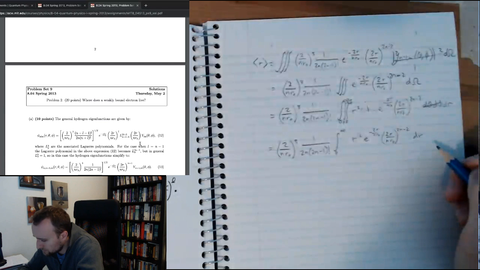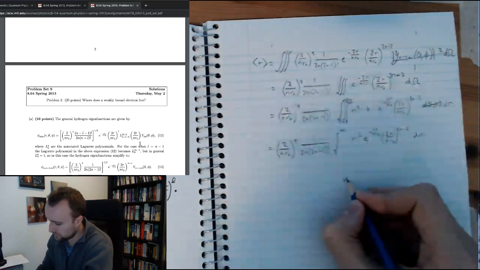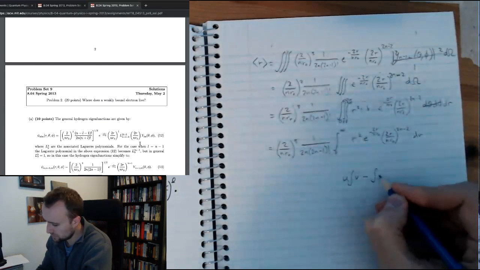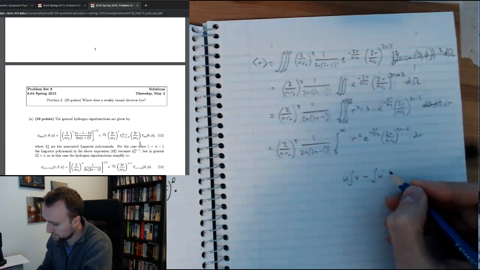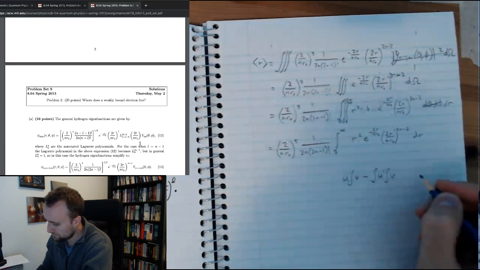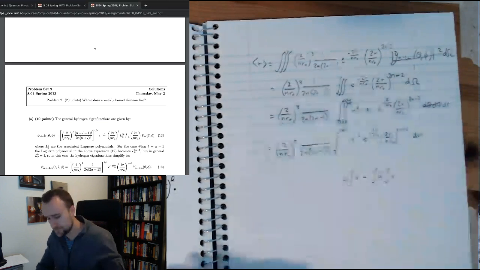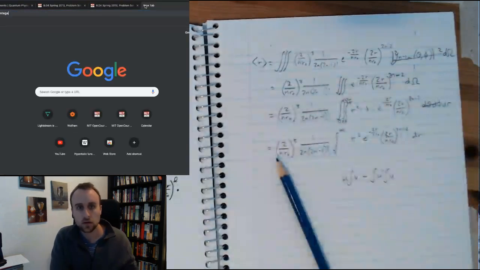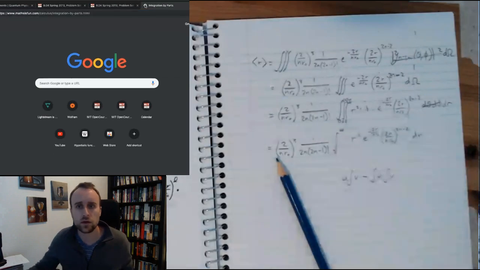If we integrate by parts, what do we get? So that's uv minus u prime v, right? Let me just look up integration by parts real quick, just so I can remind myself.